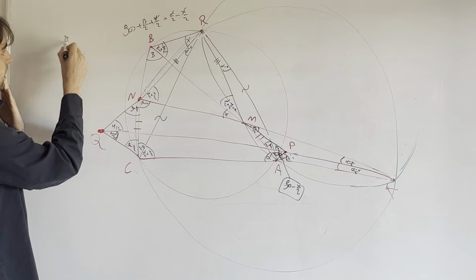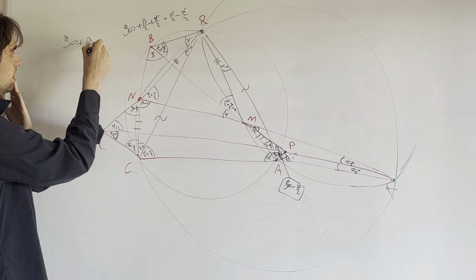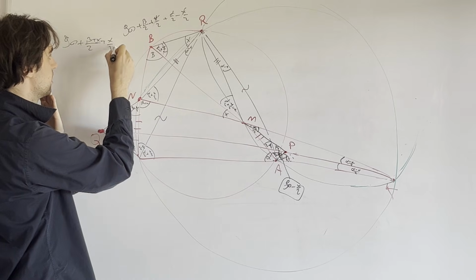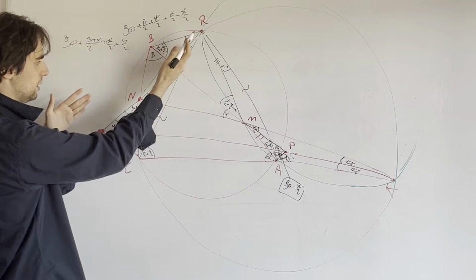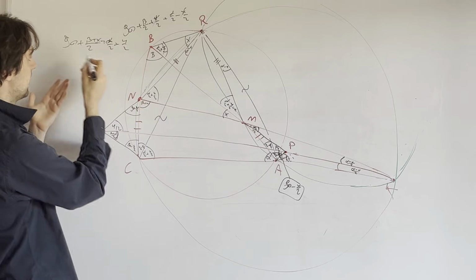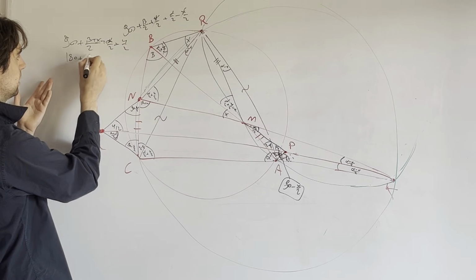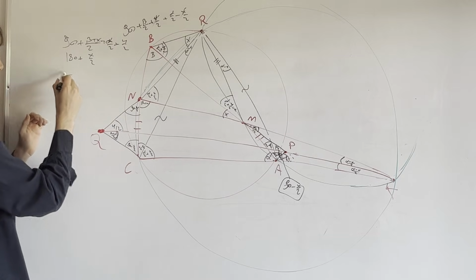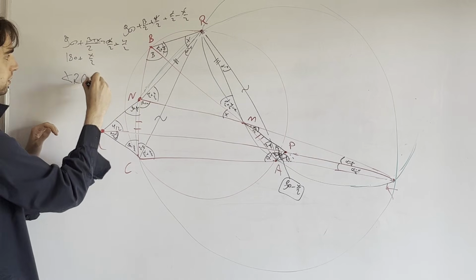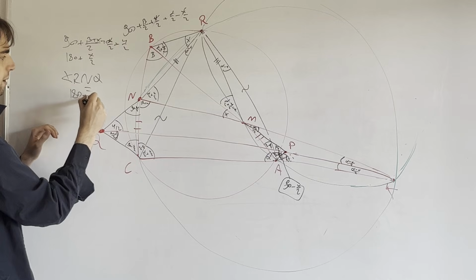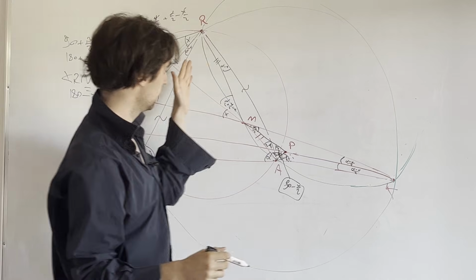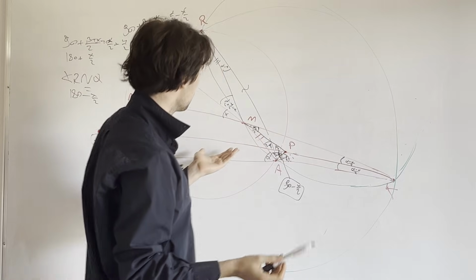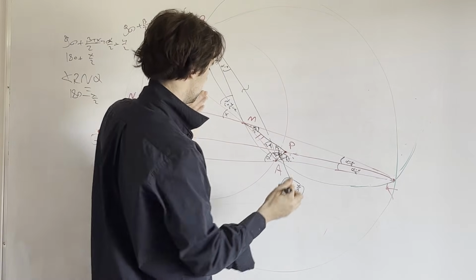And the angle I have here is what? It's 90 plus beta half plus x half, and then I have alpha half plus gamma half over here with this angle. And that gives me 180 plus x over 2 here. So the angle R and Q is going to be 180 minus x over 2. And then over here, R and P, well, what do I have?